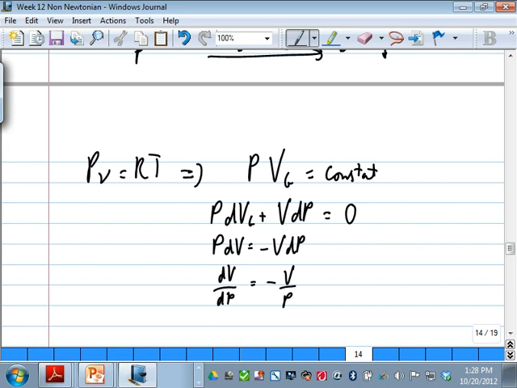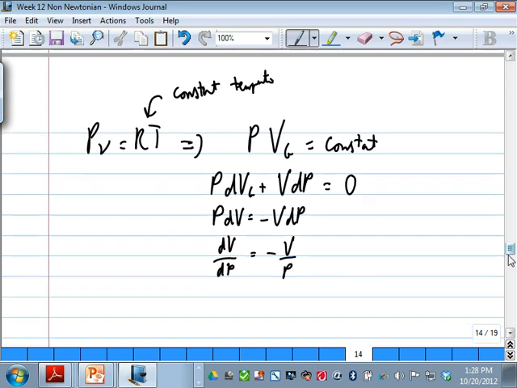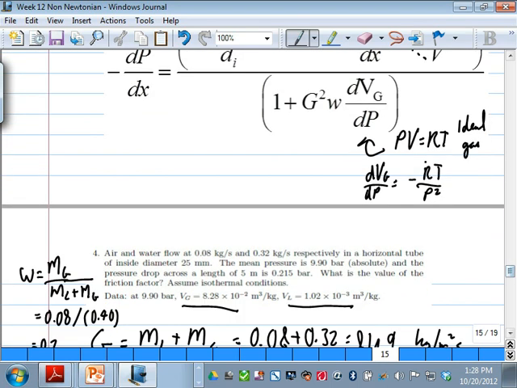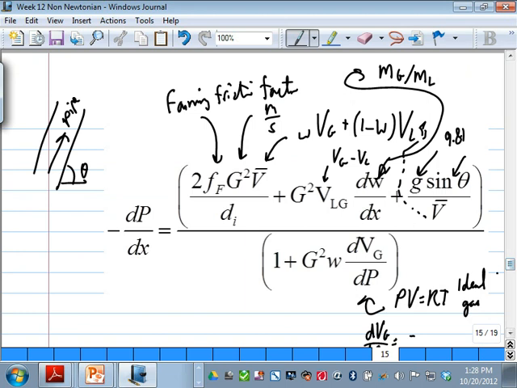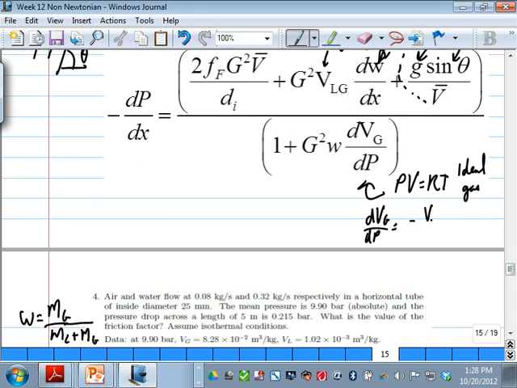I remember there was no P squared around. I think that's wrong. So dV dP is actually not minus RT, this one. It's actually minus. Okay.